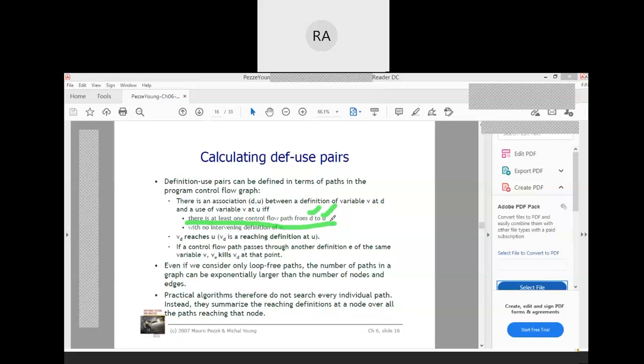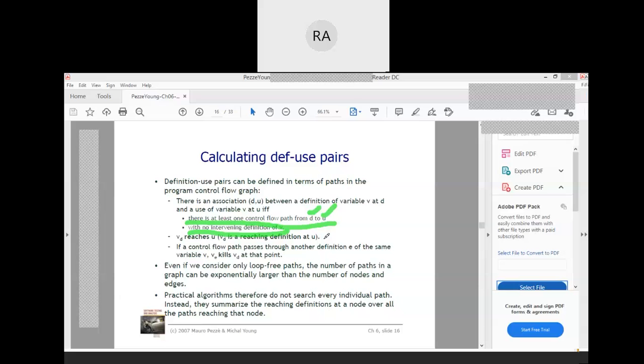So there exists an association between a DU pair whenever at least one path exists between the definition of a variable and its use, and one more condition: no intervening definition of V. That means there is no intermediate definition killing the previous definition.